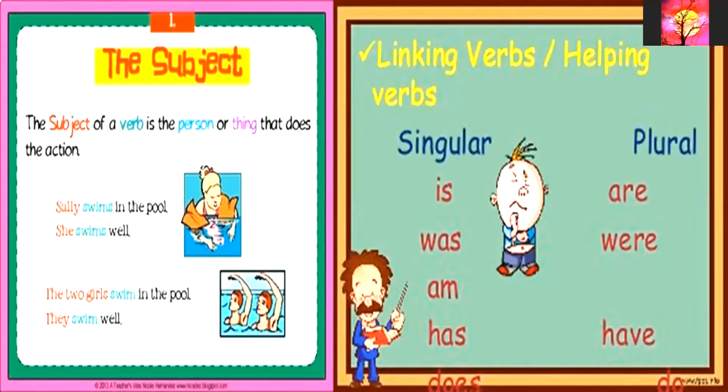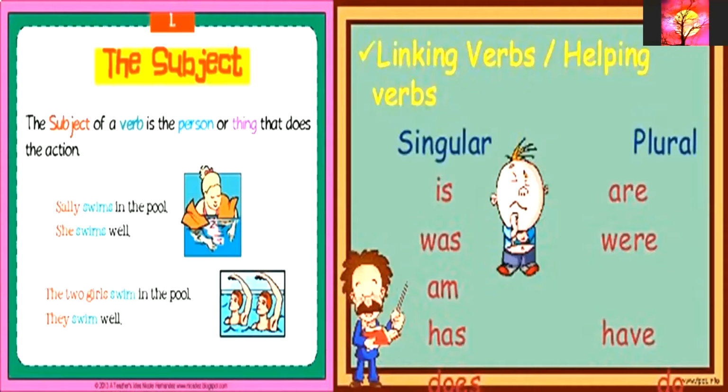Sally swims in the pool. She swims well. So, in both the sentences, the action which is being performed is swimming and the person who is performing this action is Sally. So, in the first sentence, Sally is the subject. In the second sentence, the word she, which is a pronoun, is used and so she becomes the subject.